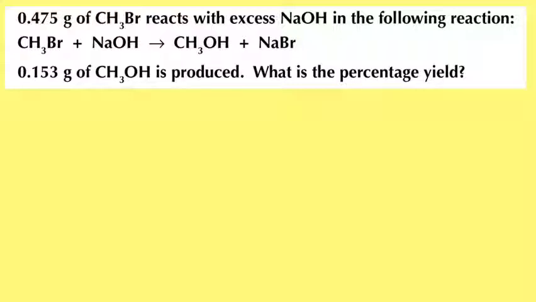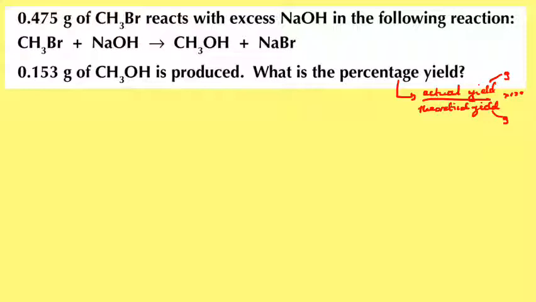Okay, so let's get our heads around what we've been asked for and what we're given. You remember that percentage yield, expressed as a percentage, is the actual yield over the theoretical yield, times 100 to make it into a percentage. Both of these are in grams. So what have we been given?